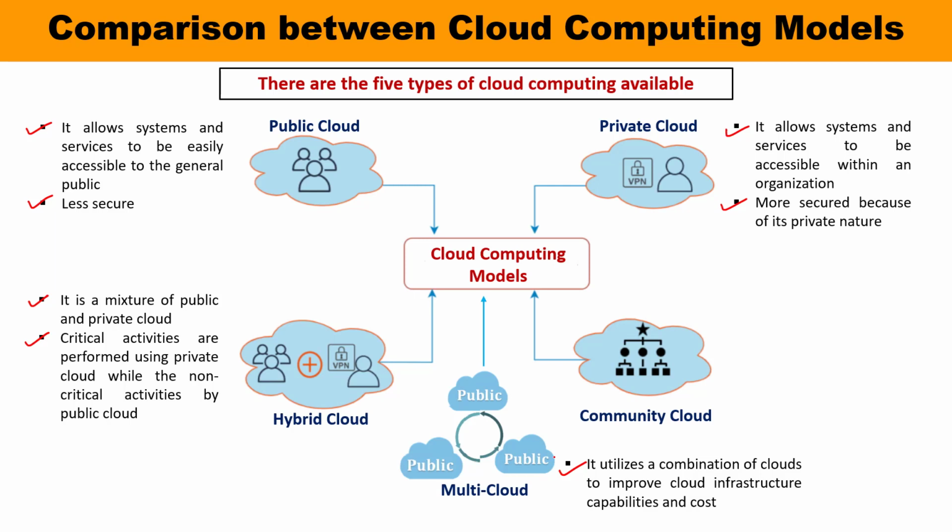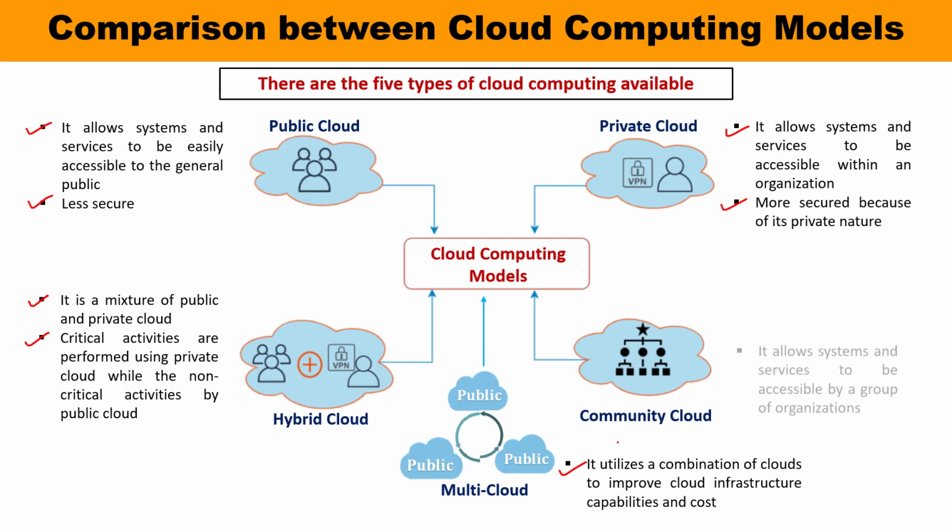Multi-cloud also refers to the distribution of cloud assets, software, and applications across various cloud hosting environments. Suppose one cloud provider is providing storage at the best price, and another cloud provider is providing email at the best price. So we can take the services depending upon our own requirement. That is why this is known as a multi-cloud.